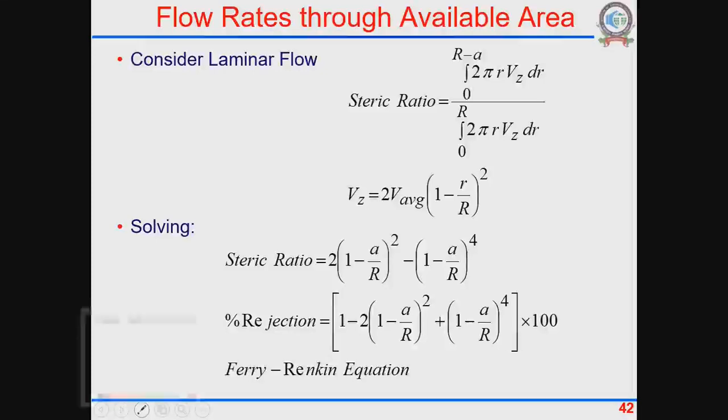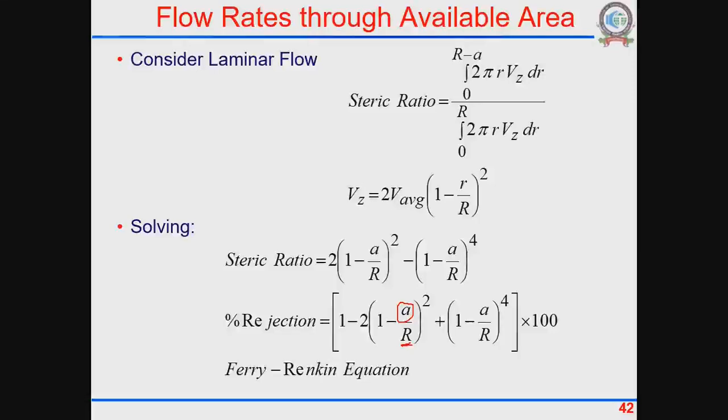It is very useful because it allows us to estimate the rejection of a solute of radius a going through a membrane having pores of radius R. You can very clearly see that if the solute radius is equal to the radius of the pore, we will have 100% rejection of the solute.